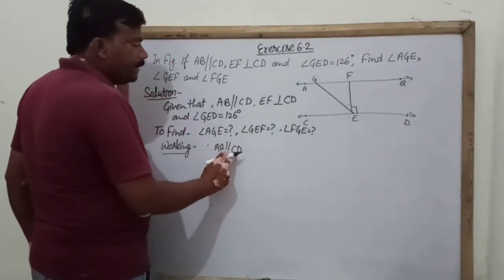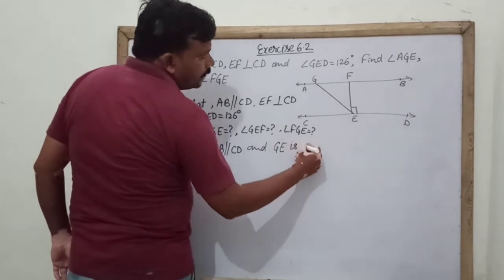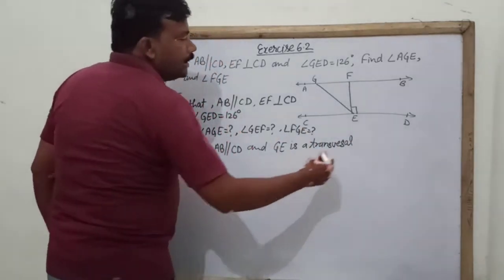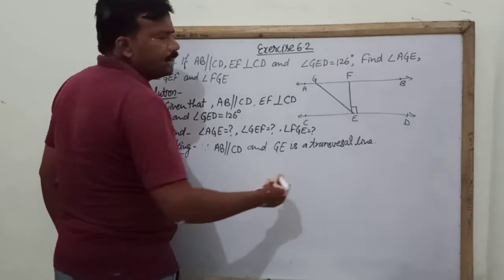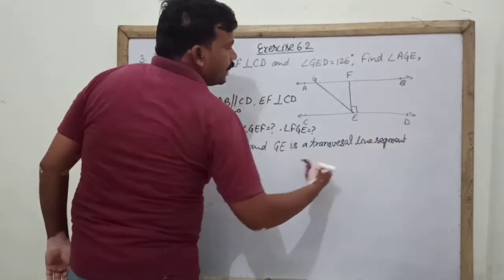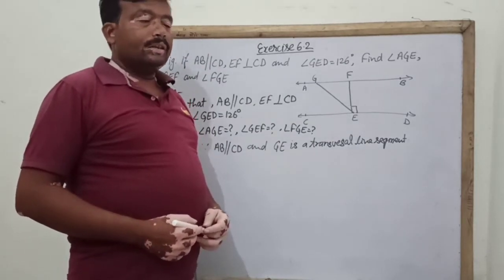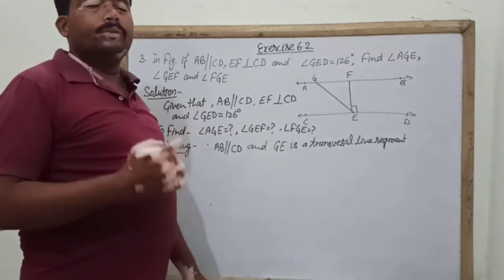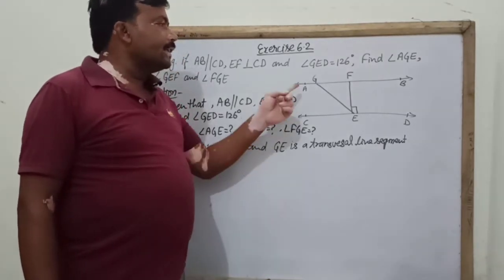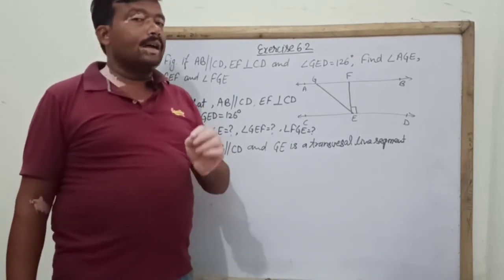Then we can say, since AB is parallel to CD and GE is a transversal line segment, and we have learned in the previous video there was a theorem: when a transversal intersects two parallel lines, then alternate interior angles are equal.